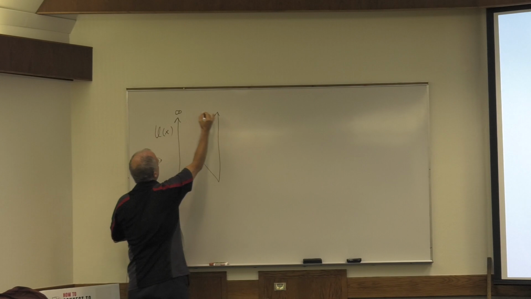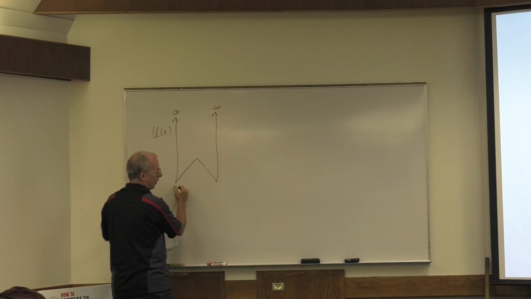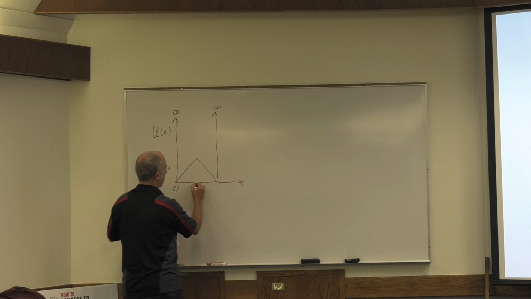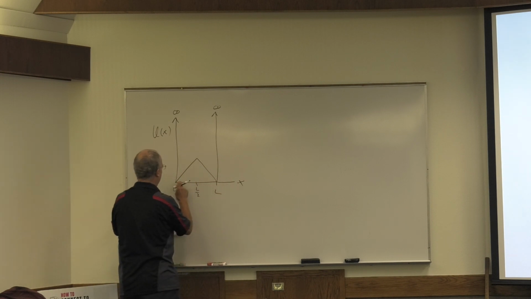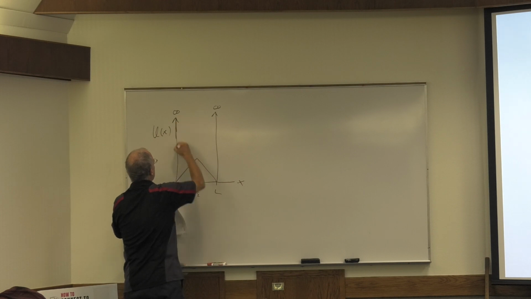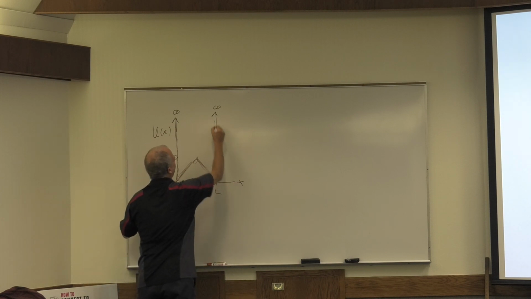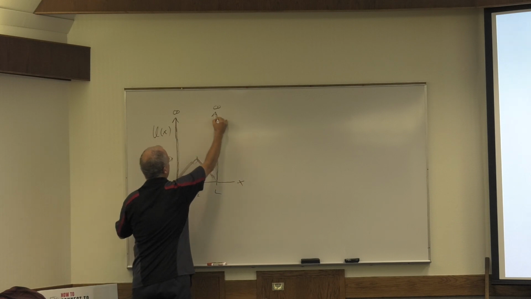This goes to infinity, that goes to infinity. This is 0. So this is x, right? That's L over 2, and that's L. All right, so this is the potential energy. This is just x, but this is really what we concentrate on, the potential energy.